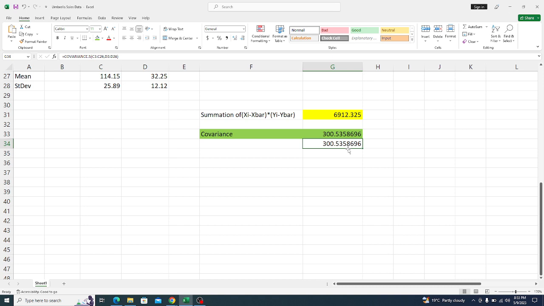I think we discussed covariance at length. What does it mean in terms of covariance?